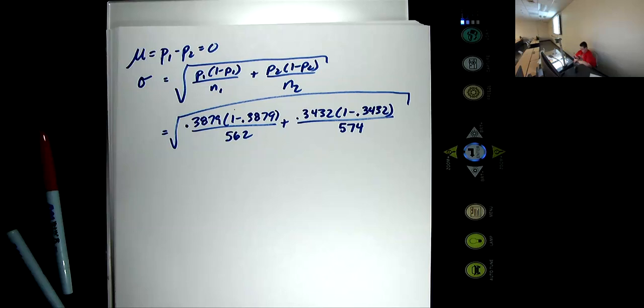What? There we go. 432, end parentheses, divided by 574. I hit equal, and then I'm going to take the square root of the answer. 0.0286. Shoot, it was right.